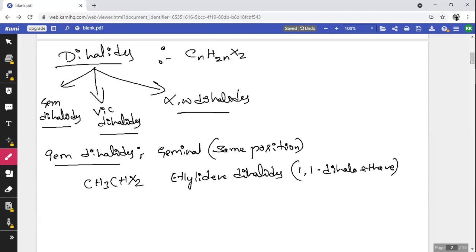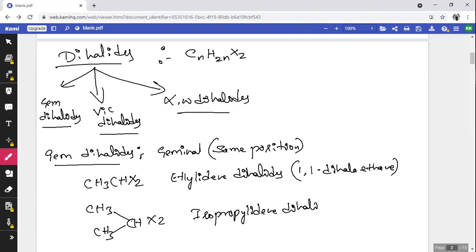Now I will consider one more example, CH3CX2CH3, which is nothing but isopropylidene dihalide, which is nothing but 2,2 dihalopropane.